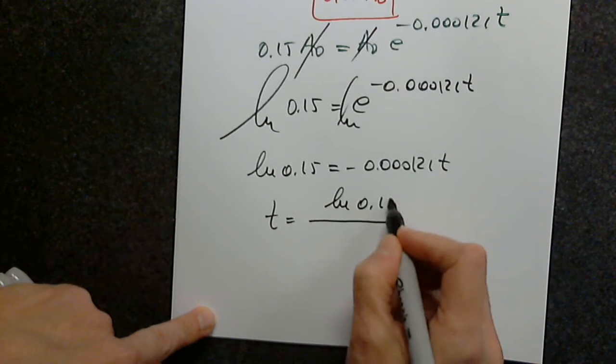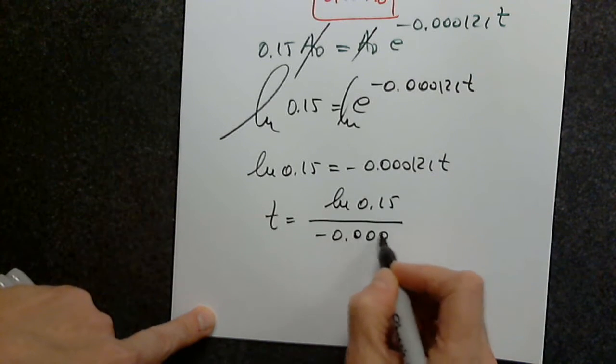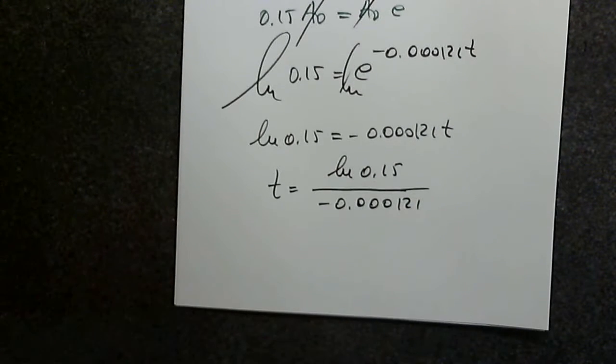Natural log of 0.15 divided by negative 0.000121. So please plug it in the graphing calculator, and let's see what we get. So natural log 0.15, close the parenthesis and divide by, in parentheses, negative 0.000121, close the parenthesis.